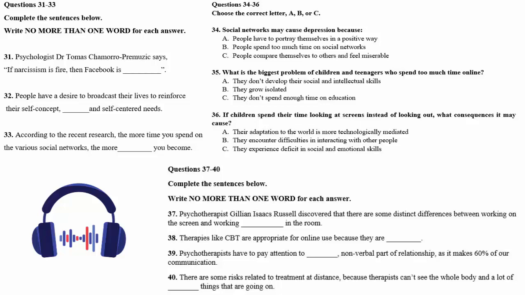And what about the sensory input that we receive? For instance, if you've got very young children, aged 6 to 12 months to 18 months, who are looking at screens instead of looking out and developing depth of field, what might that do for their development in the longer term? One could argue that if their adaptation to the world will be even more technologically mediated, it's okay.